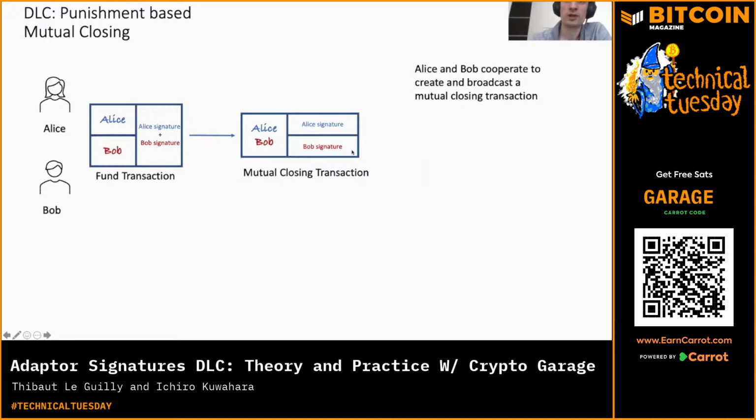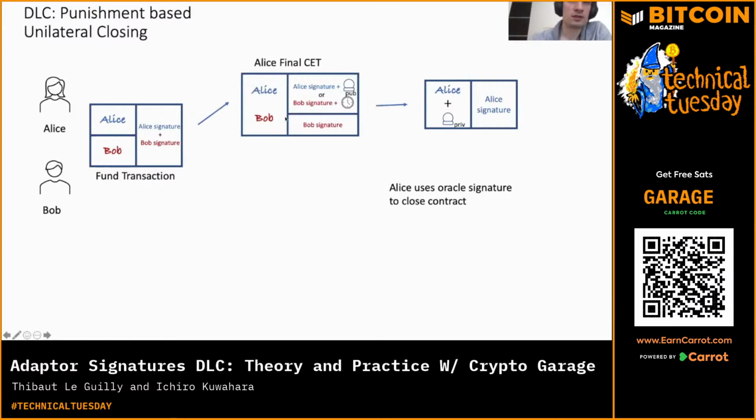And so they can cooperate, create this transaction and broadcast it, so that they can save a bit on fees, and it's also a bit more private because there is no special script involved. So on chain, the fingerprint is maybe the same as it would be for the Lightning Network, or even just a multi-sig 2 out of 2.